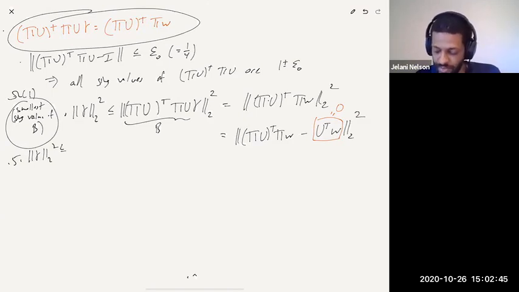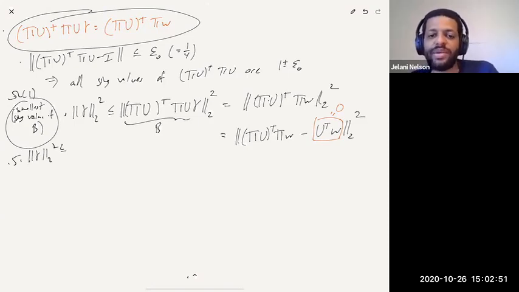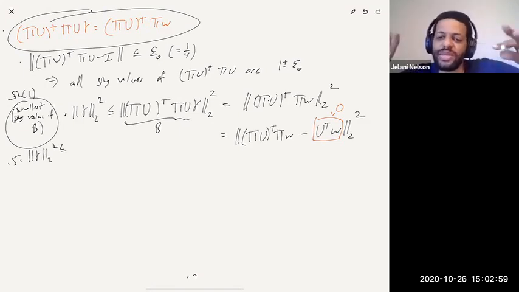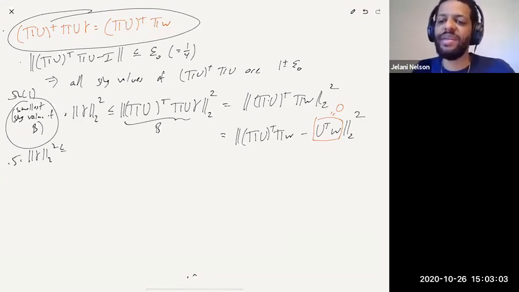Okay. But now again, this basically looks exactly like approximate matrix multiplication. This is U transpose W, where U is a matrix and W is a matrix too. Vectors are matrices, right? W is like an n by 1 matrix.